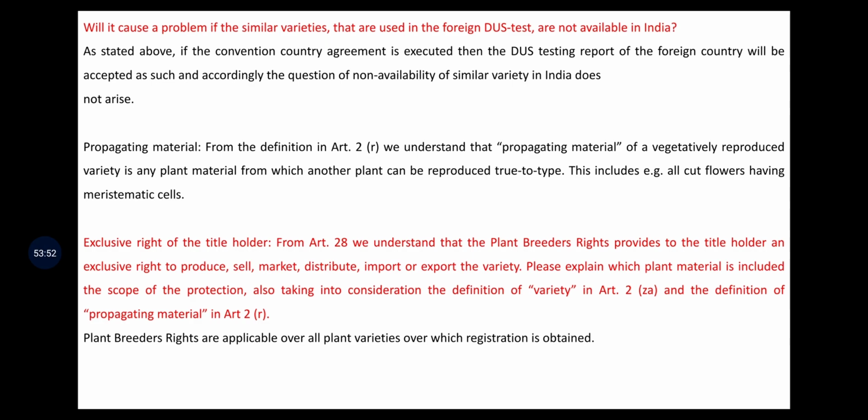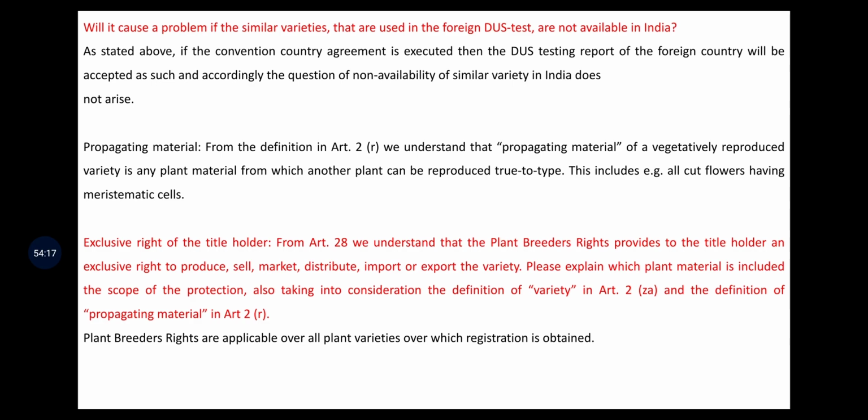Propagating material. According to the definition of Article 2(r), the propagating material of a vegetatively reproduced variety is any plant material from which another plant can be reproduced true to type, which includes all cut flowers having meristematic cells. Exclusive rights to title holders from Article 28.